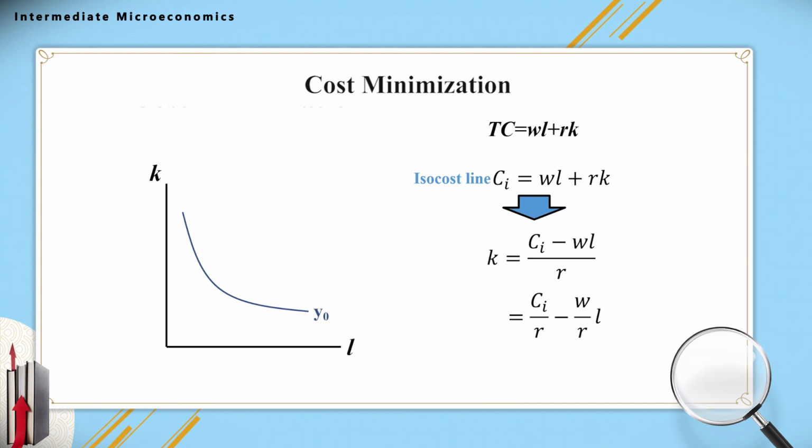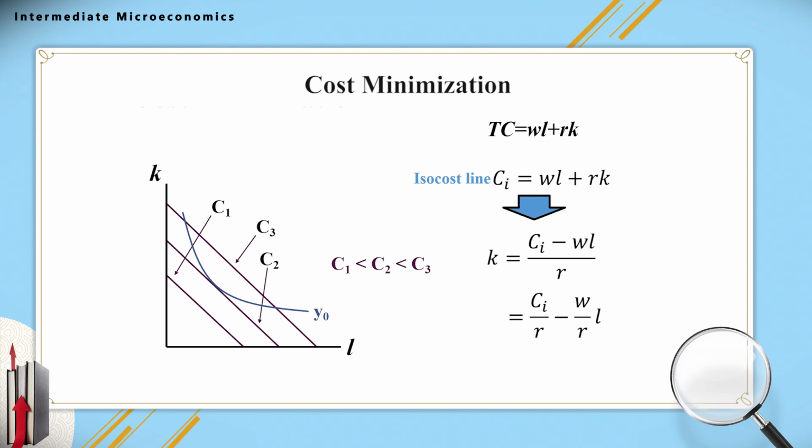Actually, we can draw an isocost line for any number of Ci. So eventually, the isocost line for a producer is a series of parallel straight lines that is downward sloping, where the isocost line further away in the northeast direction represents a higher cost level.